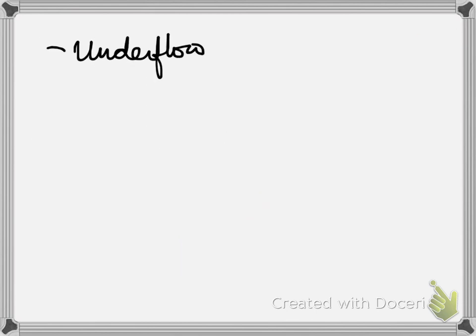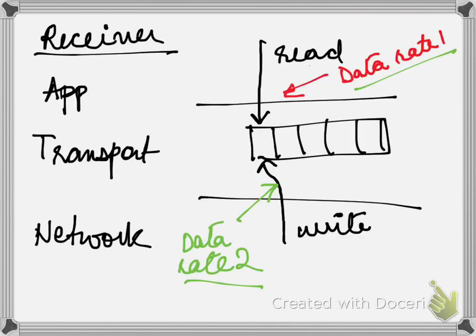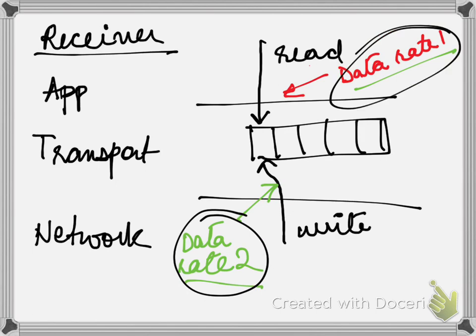The second problem is that of overflow of the buffer. This will happen if data rate 2 is very fast as compared to data rate 1. In that case the network layer will keep on writing very fast, and the application layer is reading the data very slowly.